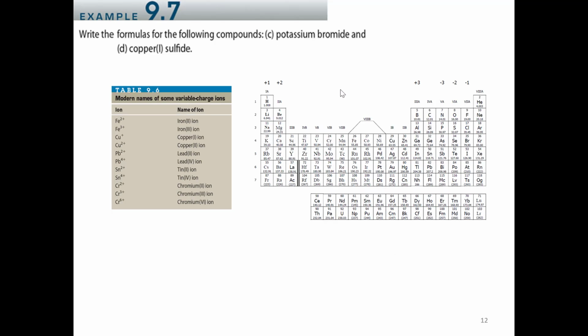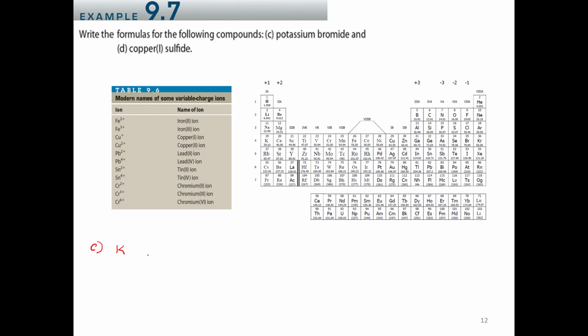Now let's complete parts C and D of example 9.7. In this case, we want to write the formulas of these two compounds, potassium bromide and copper(I) sulfide. Then let's see part C. Potassium. In any case, I suggest you write the equation.